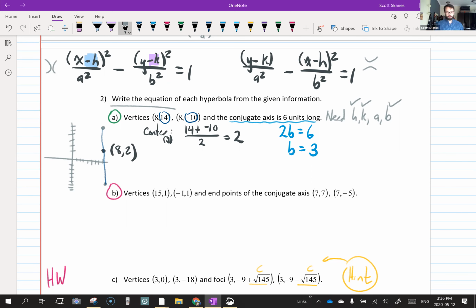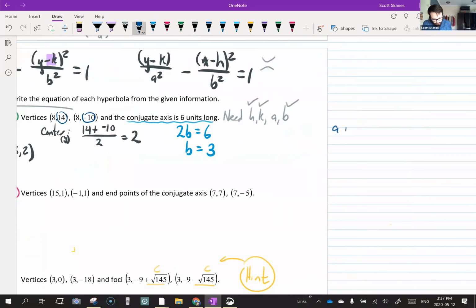But what we can do is, if you remember what a means, a is the distance from the center to the vertex. I'll put it over here. A is the distance from the center to the vertex.